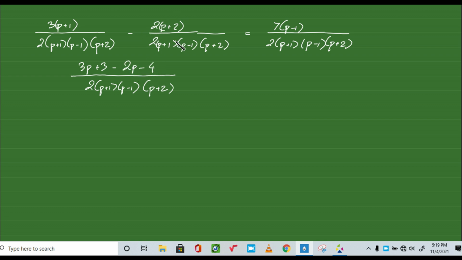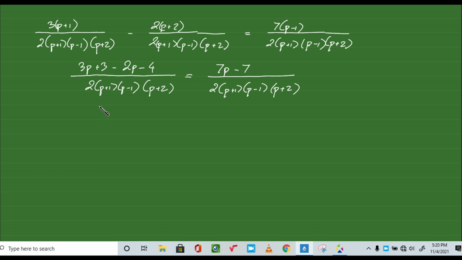I distribute the minus in, equal 7p minus 7 over 2p plus 1, p minus 1, p plus 2. And now you see that we have two fractions with the same denominator. Then we can set the numerators equal.